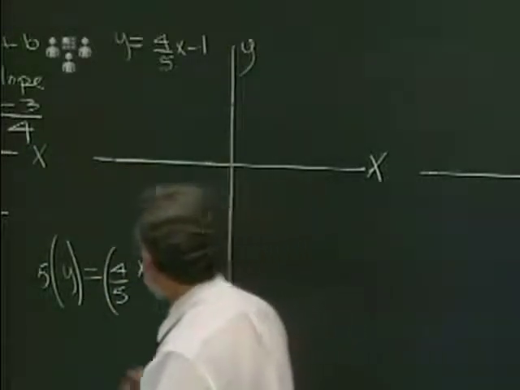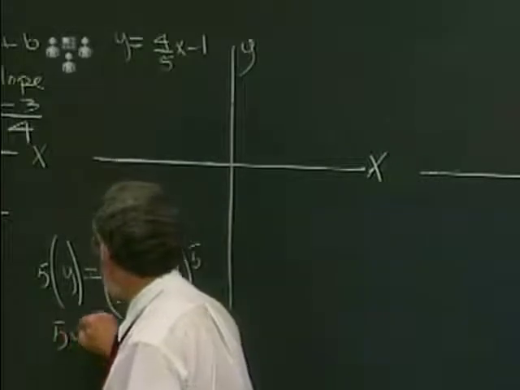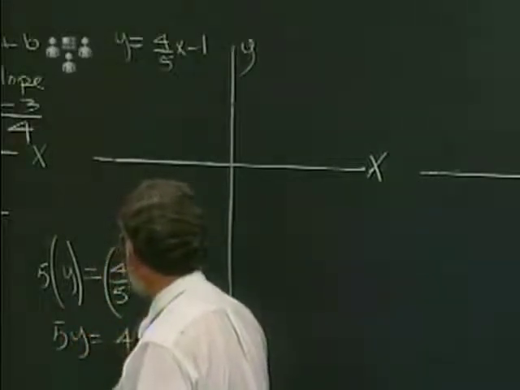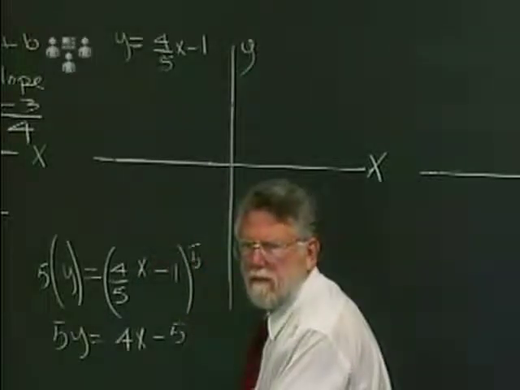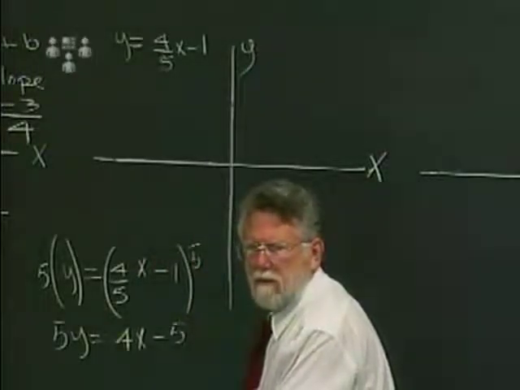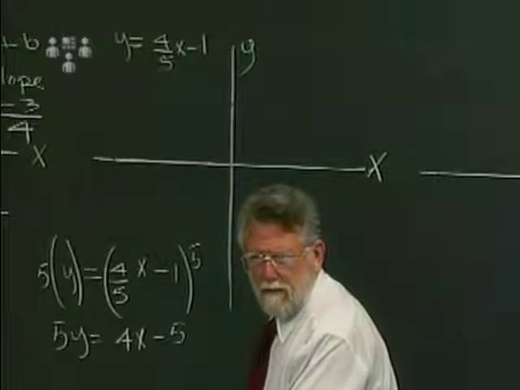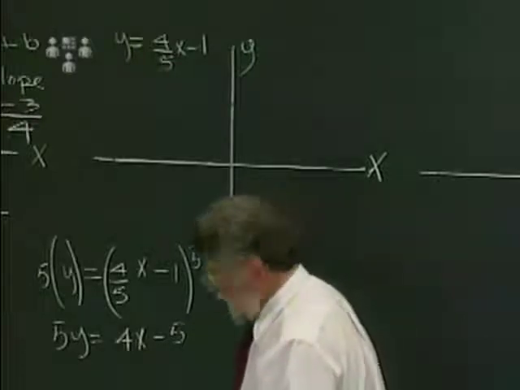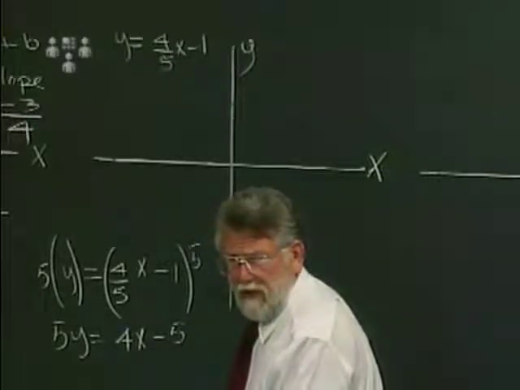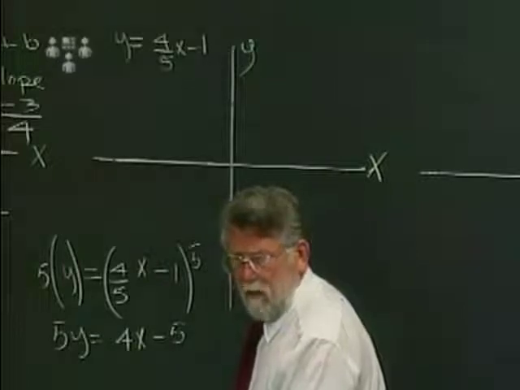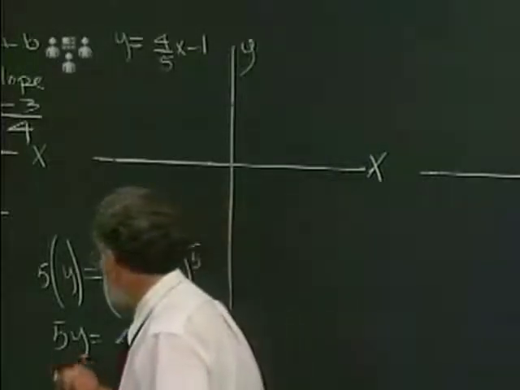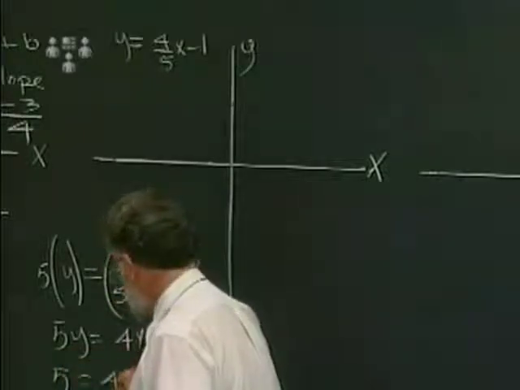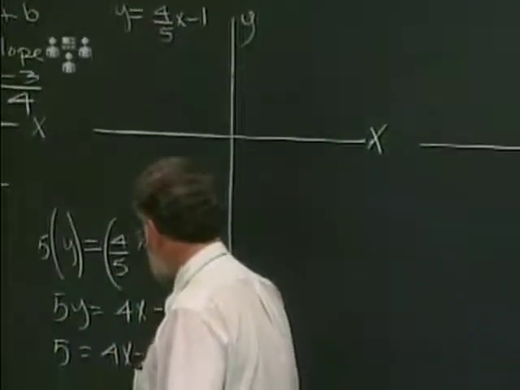So that gives me 5y equals 4x minus 5. So far okay? Then I could add 5 to both sides and subtract 5y from both sides and say that 5 is equal to 4x minus 5y.